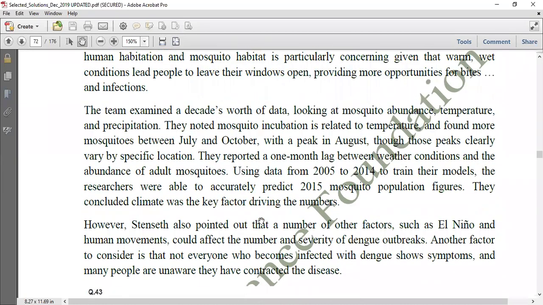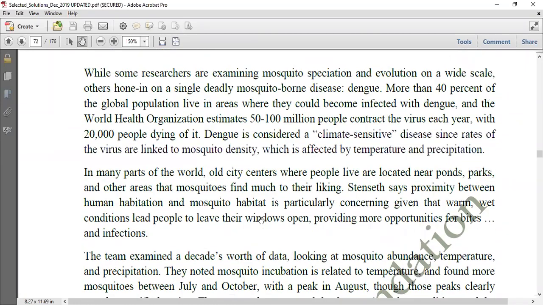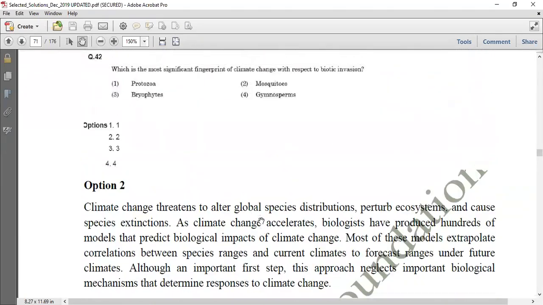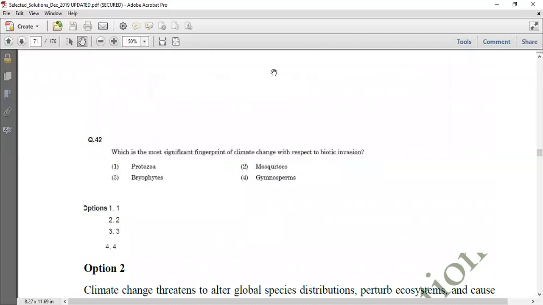So one of the studies correlated that dengue fever is climate sensitive. So here we can say in the given question that these mosquitoes show a significant fingerprint of the climate change with respect to biotic invasions, right? So mosquito is the correct answer, which is option number 2.